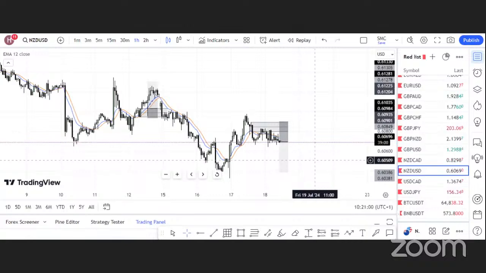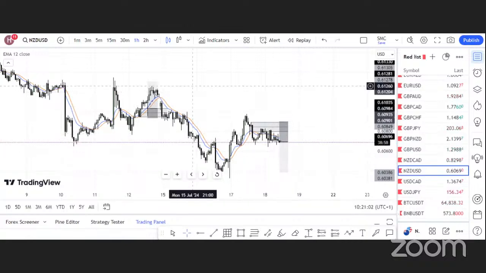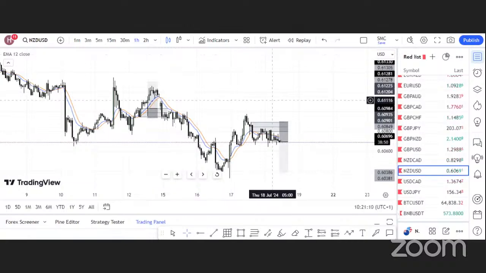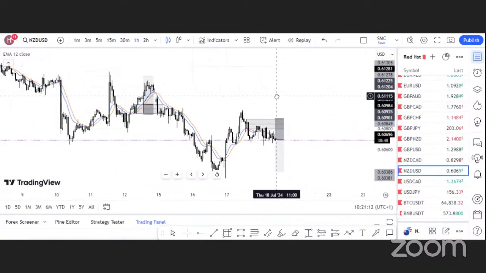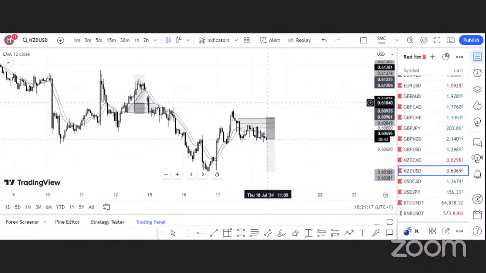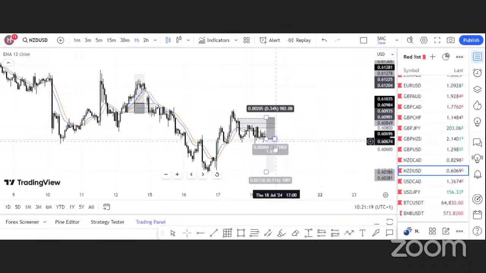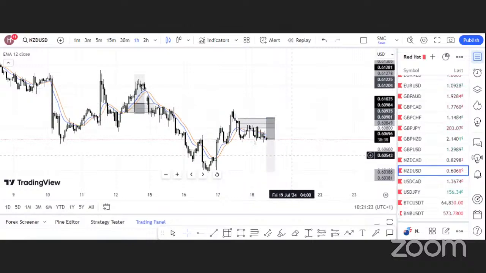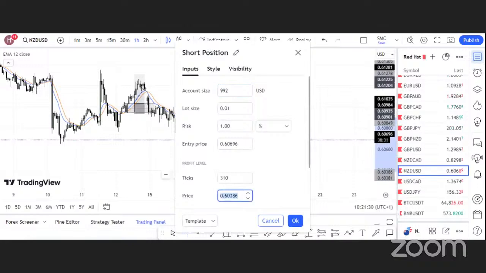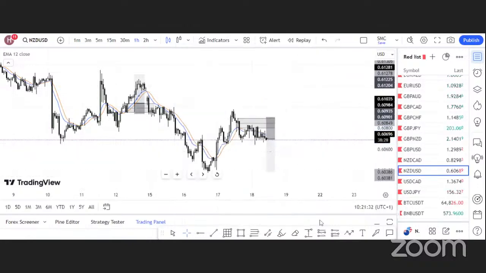All right, so we can enter this trade. This is the 1 hour time frame, and this market is going to sell. But this is going to be an intraday trade, so you can leave this for a while. Let me copy out the take profit and the stop loss.